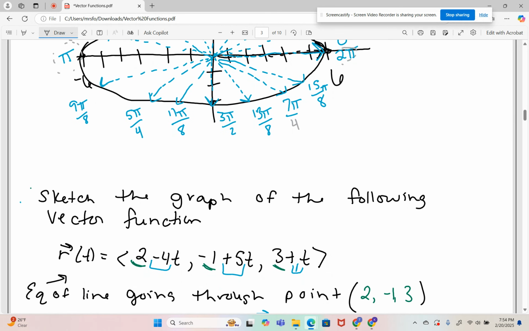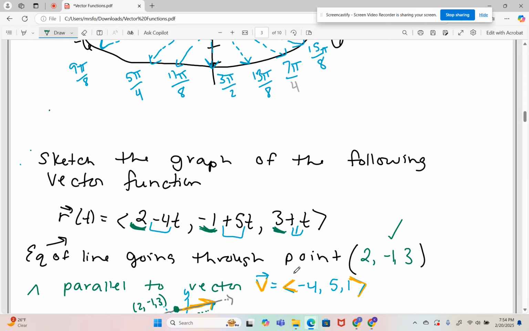what do we see? This is the equation of a line going through a point, which the point we can tell comes from the constants. So 2, -1, and 3. And then the coefficients for t, that represents the vector.